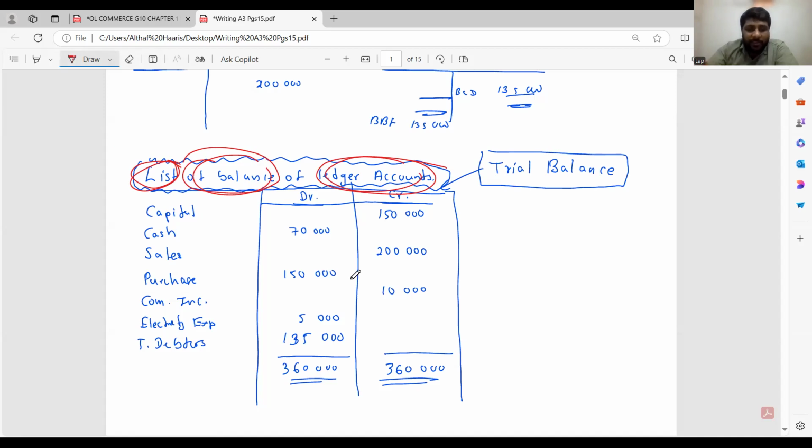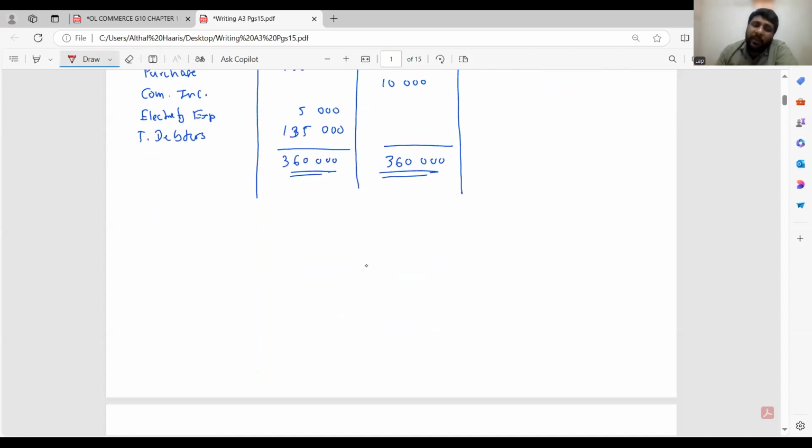So if I show you the cycle of accounting, first we will have all the transactions and events with some source documents. These transactions and events, for the first time, where are we writing? In the primary books.